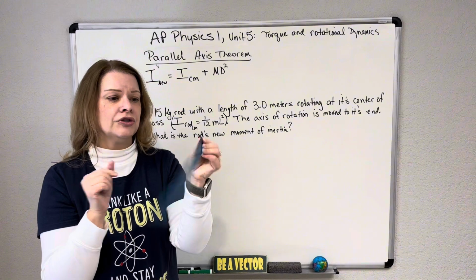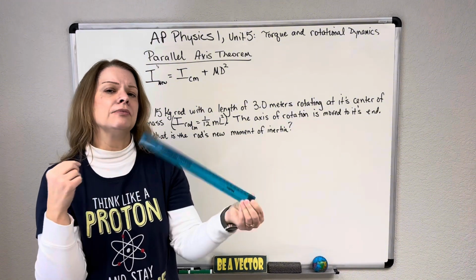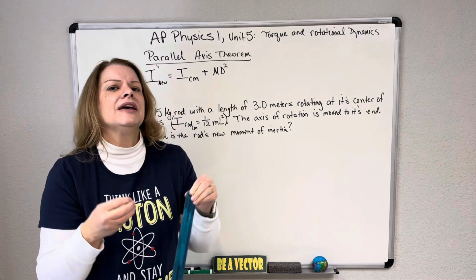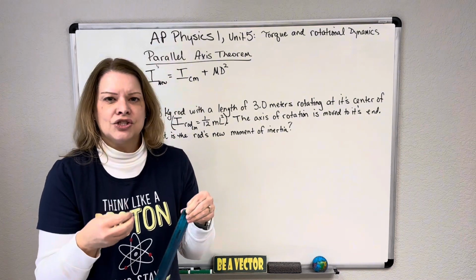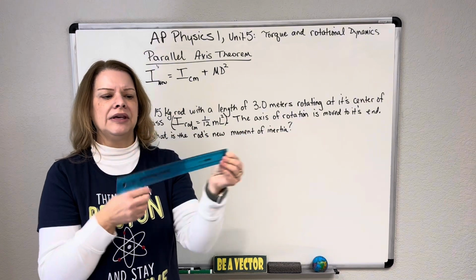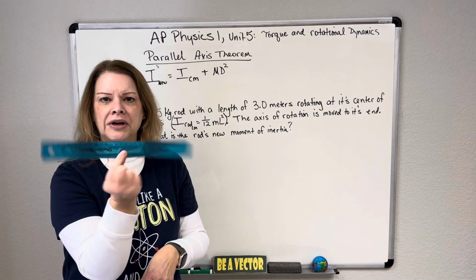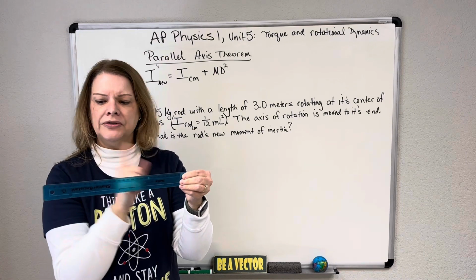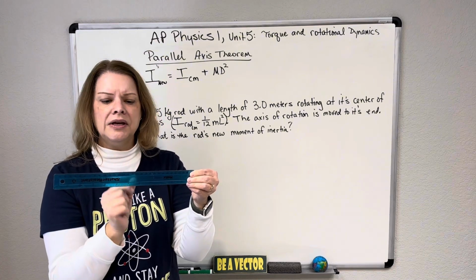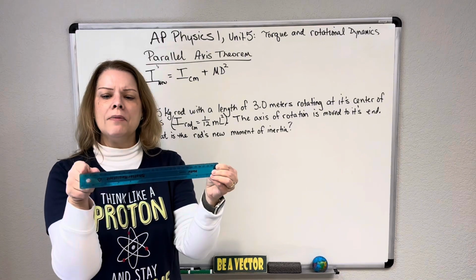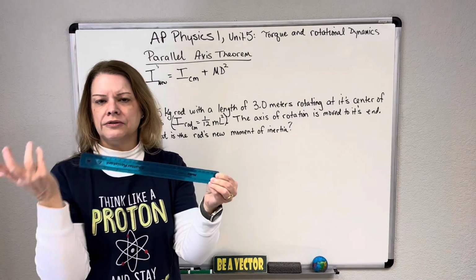It's harder to get this thing rotating, because rotational inertia is that resistance to rotate. It's harder to get it rotating at the end than at its center of mass. And why? Because of the mass distribution. It's the same length and the same mass. I haven't changed rulers, but there's more mass farther away from the axis of rotation here.